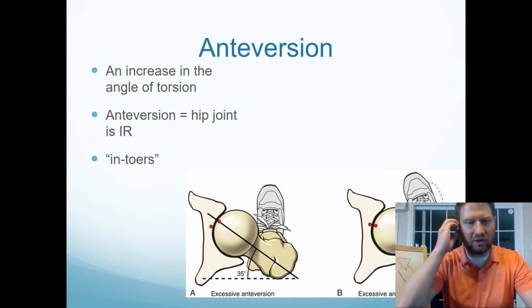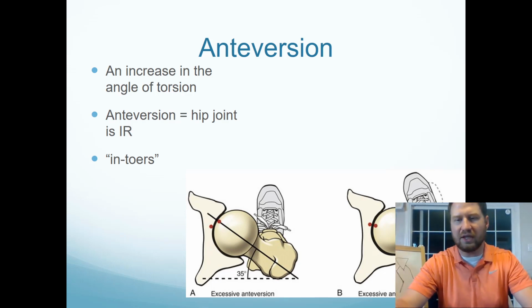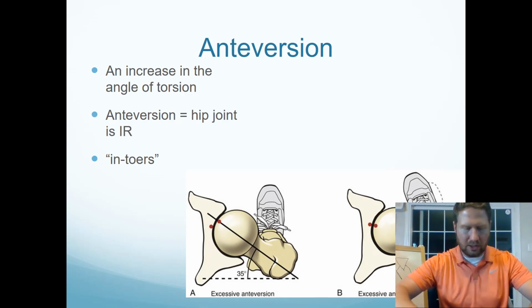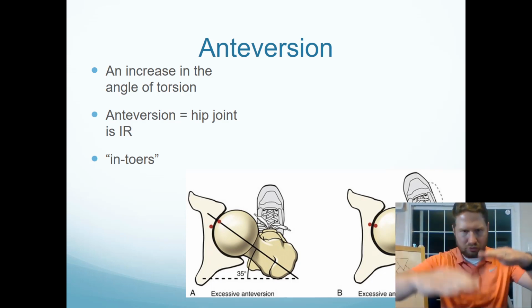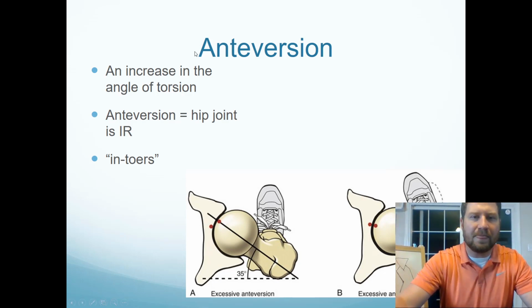Okay? Especially once we start going into gait, you're going to start looking at everybody that you pass by and how their feet are hitting and how they're walking. Okay? If they're pigeon-toed and they walk with their toes in, it's a very high likelihood that they have anteversion. Okay? It's all going to come from the hip. It's not going to be really from the knee.